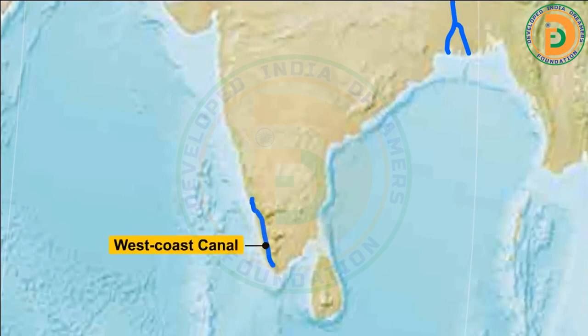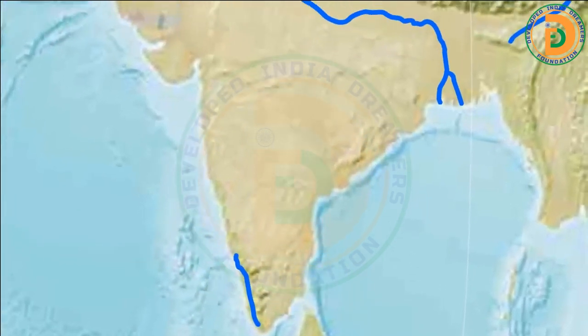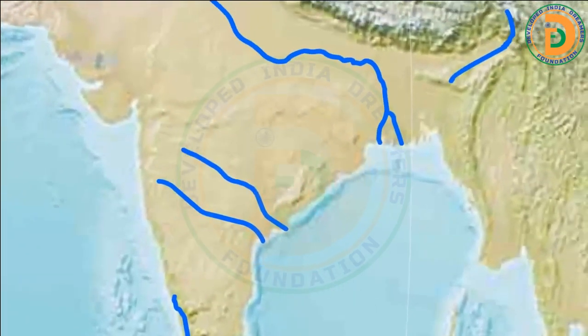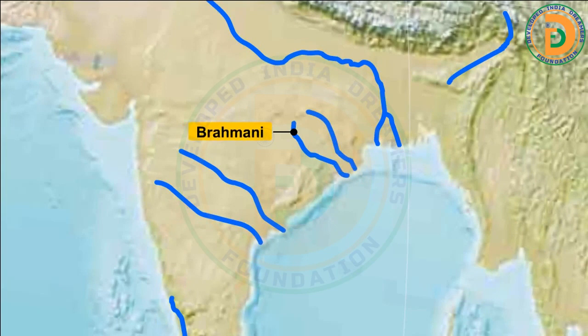The West Coast Canal in Kerala, 205 km. 4. Waterway 4. River Godavari and Krishna, 1078 km. 5. Waterway 5. River Brahmani with Matai River and Mahanadi, 588 km.